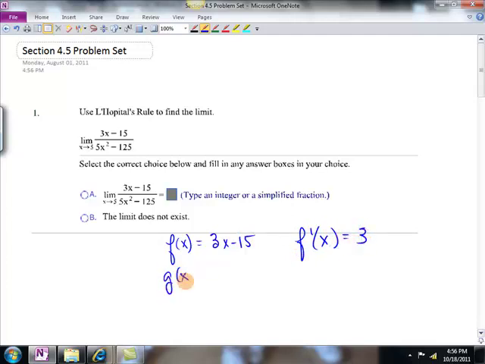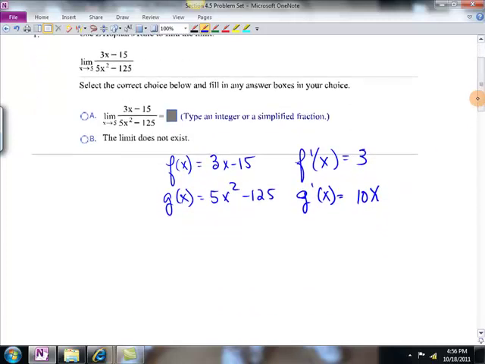And if g of x is equal to 5x squared minus 125, then g prime of x is equal to 10x. Okay, so now the limit as x approaches 5 of 3 over 10x is equal to 3 over 50.